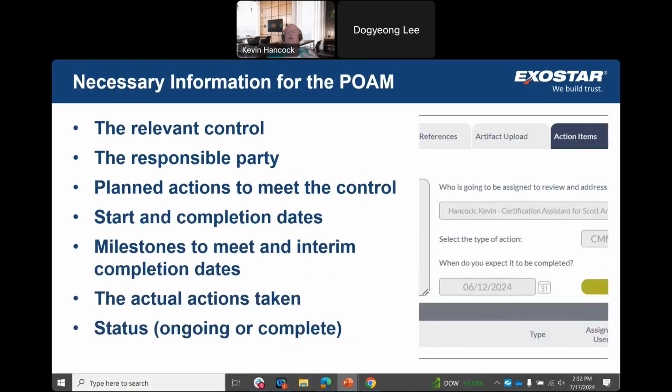So when I open a POAM, I should give certain information about it, right? Which control is it? Who's going to fix it? The plans I need to do that, and then I should manage this to completion.